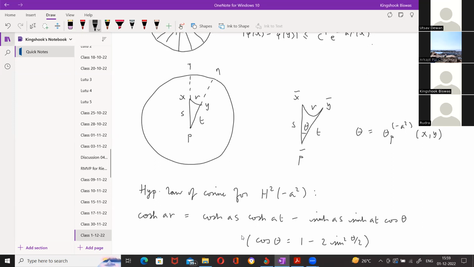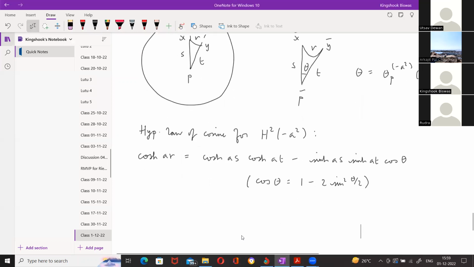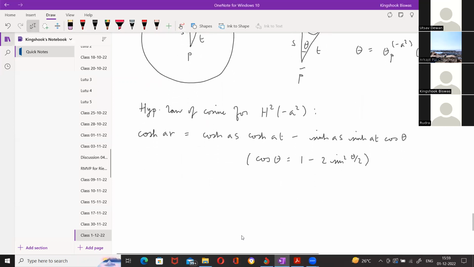And so then this will become cosh AS cosh AT minus sinh AS sinh AT, that becomes cosh of A times S minus T, and then you get plus 2 times sinh AS sinh AT sine squared half theta.